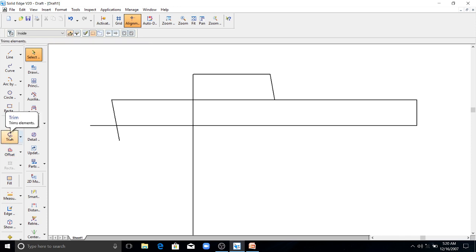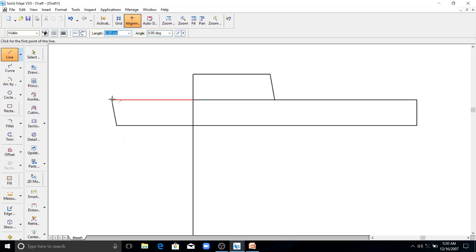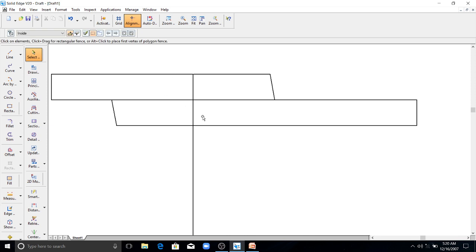So the upper portion has infinite length, so you can draw it for any length, so that you show the section here. So these are two plates now.